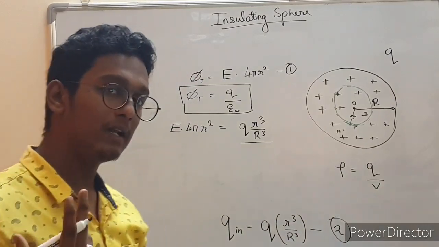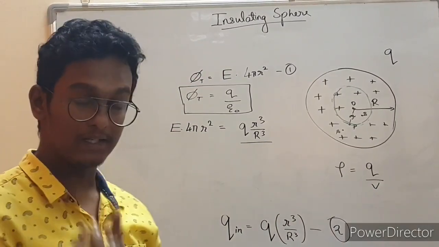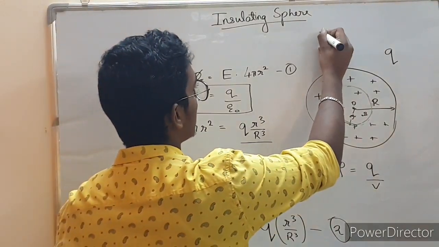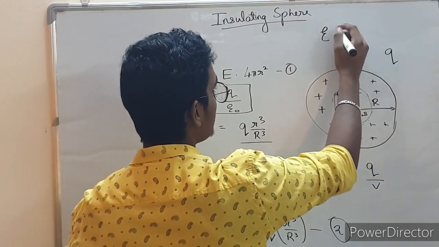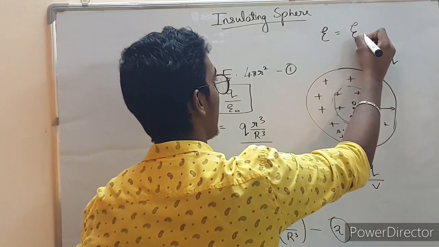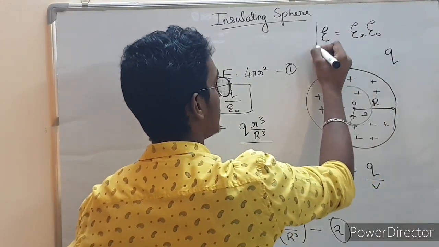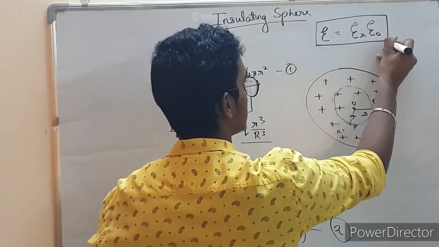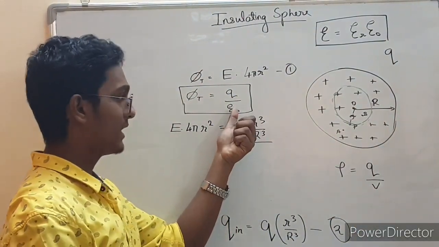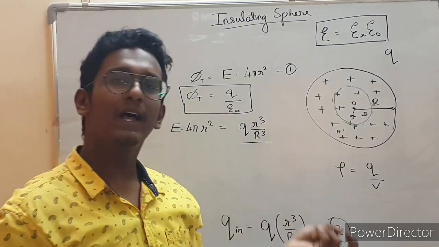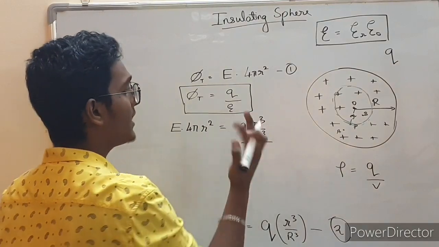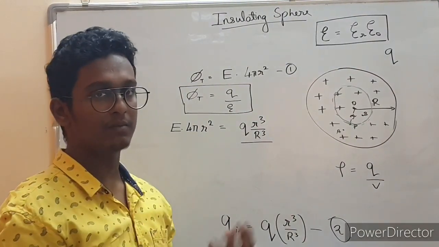So we are going to use relative permittivity. We have already seen in the first lecture that epsilon of the given medium, which you do not know, is epsilon r times epsilon naught, where epsilon r is the relative permittivity of the medium. So in place of epsilon naught, which is given for a vacuum because in most cases it's vacuum, generally it means the permittivity of whichever medium you kept it in.